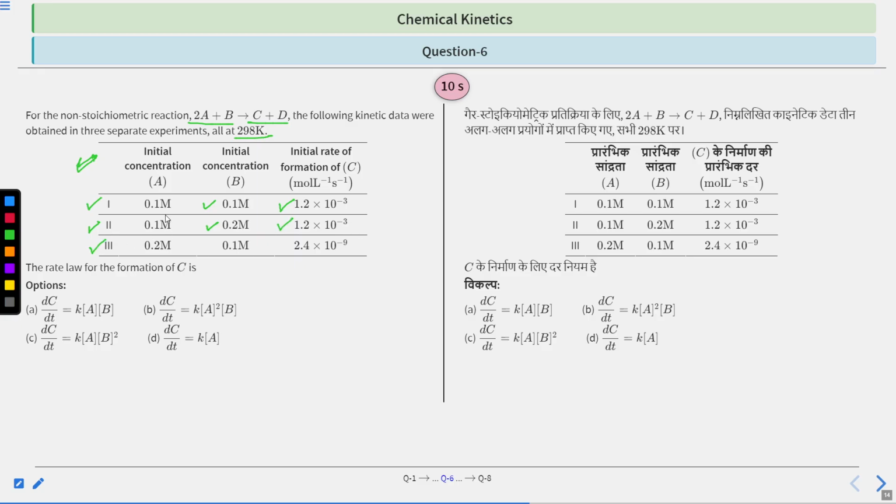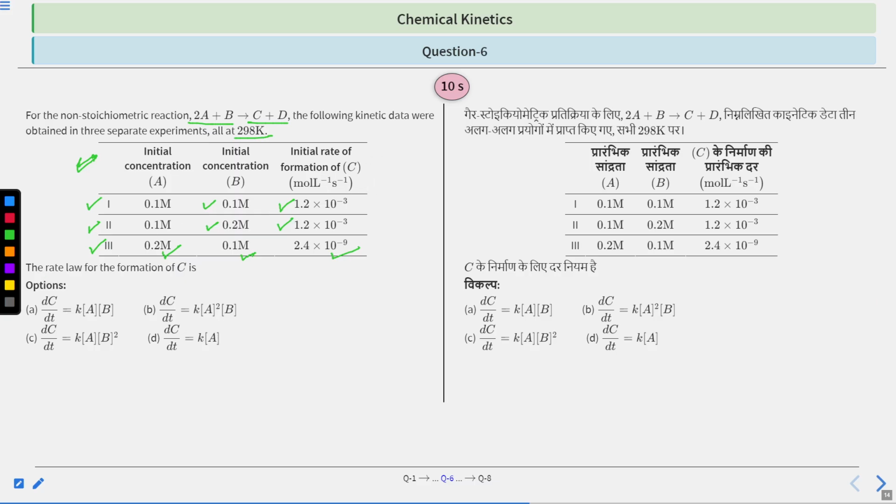Now, in the third experiment, we take the initial concentration of A as 0.2 molar, the initial concentration of B as 0.1 molar, and the initial rate of formation of C is coming out as 2.4 times 10 to the power minus 9 mole per liter per second.